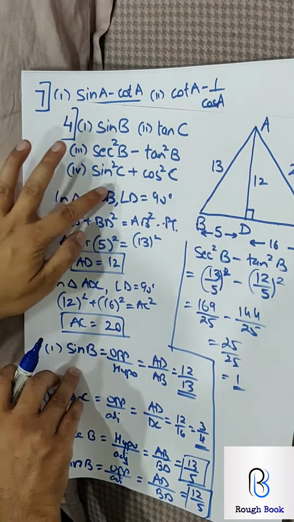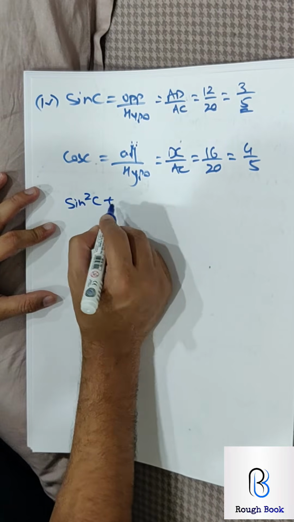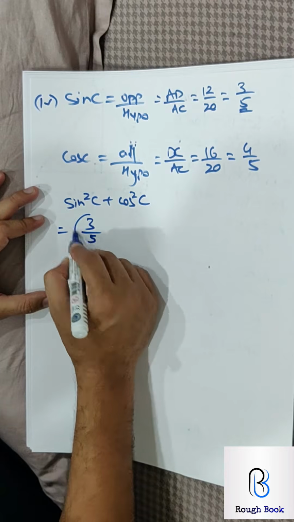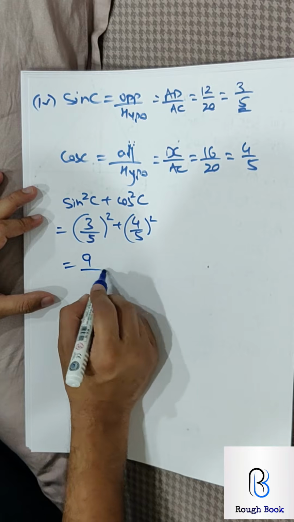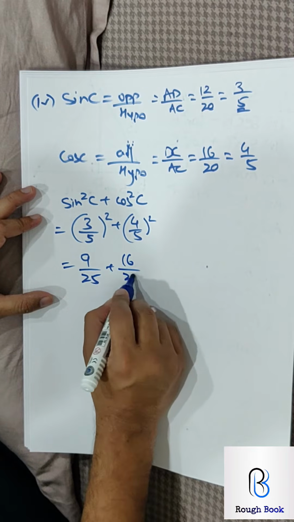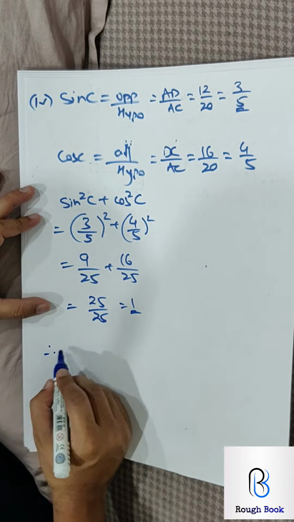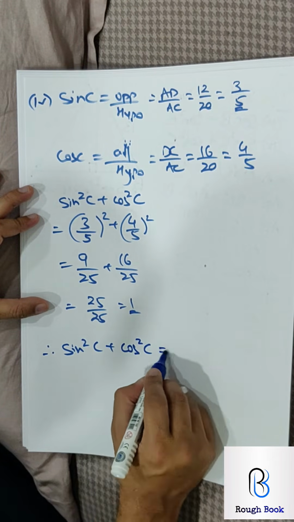Now let's look at the expression sine square C plus cos square C. Sine C is 3 by 5 and cos C is 4 by 5. So I get 9 by 25 plus 16 by 25, 25 by 25, 1. So therefore sine square C plus cos square C becomes 1.